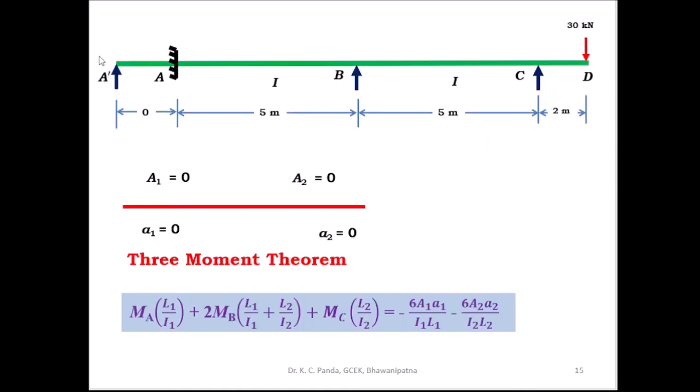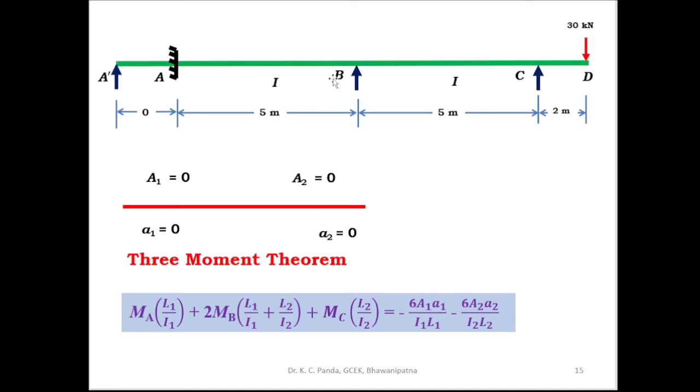So here introduce the zero span A dash A of length 0, take A dash as a simply supported end, and apply the three moment theorem for the span A dash A and AB.